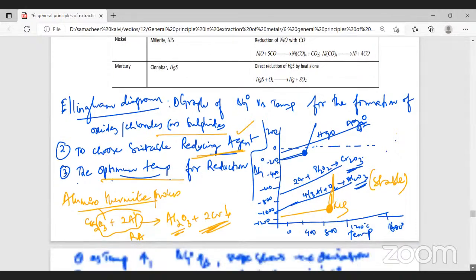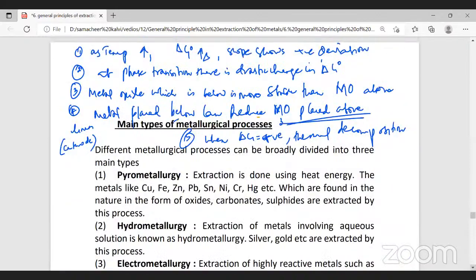I've taught you about the salient features of Ellingham's diagram also. So you can go through the salient features. If you have any clarification, you can ask. I have to continue with Ellingham's diagram of iron, copper, and zinc. I will not be able to finish it today. So in the next class, maybe on Friday, we'll finish off this chapter.